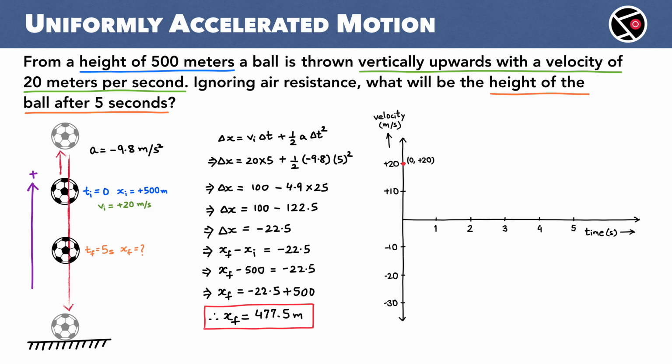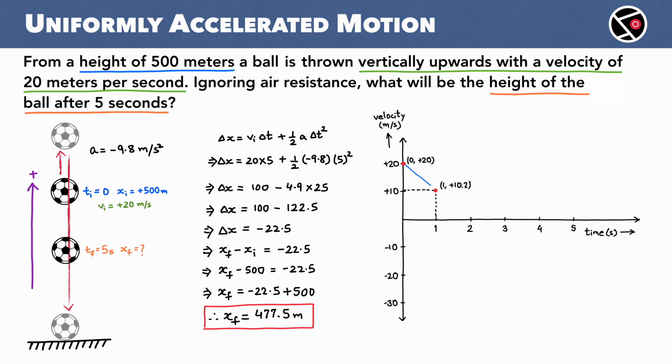This means for every 1 second, the velocity drops by 9.8 meters per second. So, after 1 second, the velocity is 20 minus 9.8 or 10.2 meters per second.